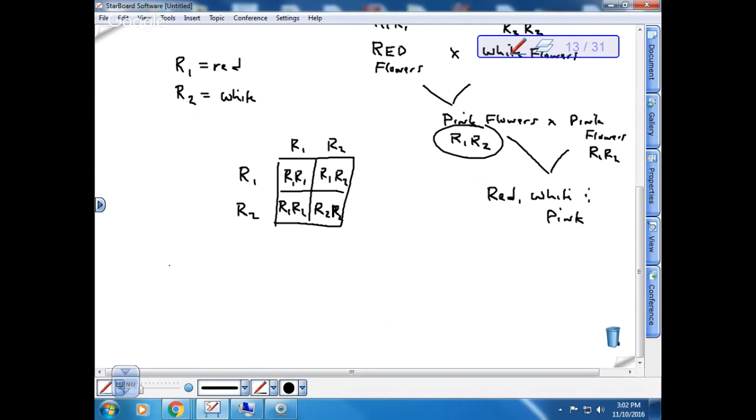So the human disease is familial hypercholesterolemia.